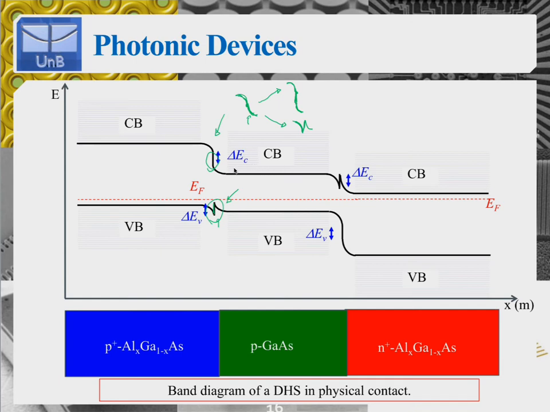So the electrons will have a difficult time moving up here, and fewer electrons will be able to overcome this barrier, and therefore these electrons will be effectively trapped in the conduction band of the center material right here, right? Because they cannot overcome this barrier.